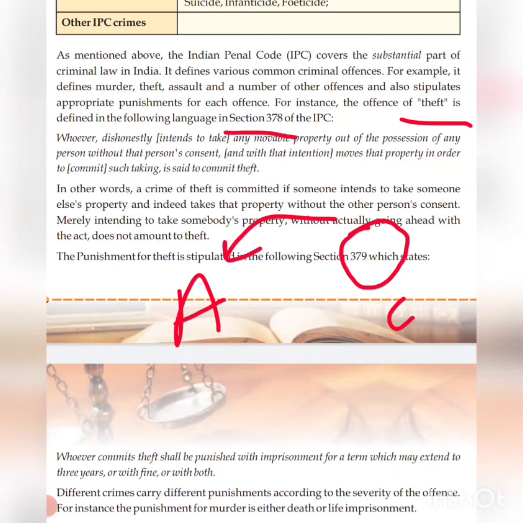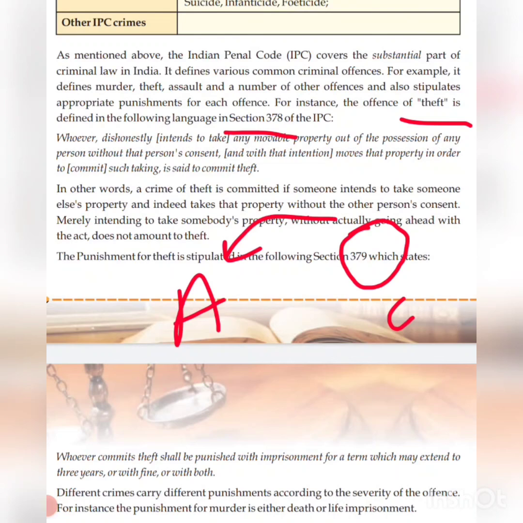You have an intention to move that property, and to fulfill that intention you are now moving the property out of the possession of person A. Then that would be said as theft. And you must have a dishonest intention also. Obviously there would be theft of movable property, something which can move from one place to another. You have to move it.